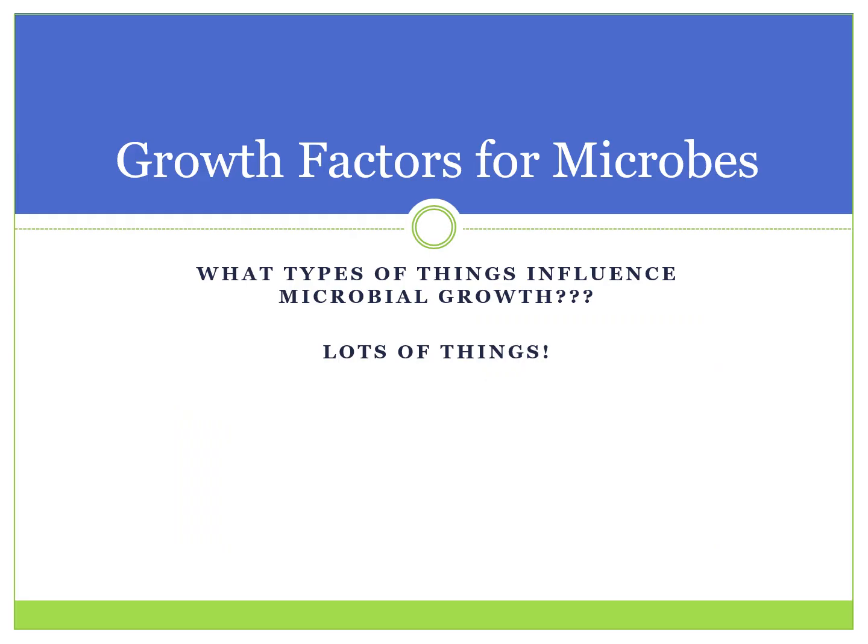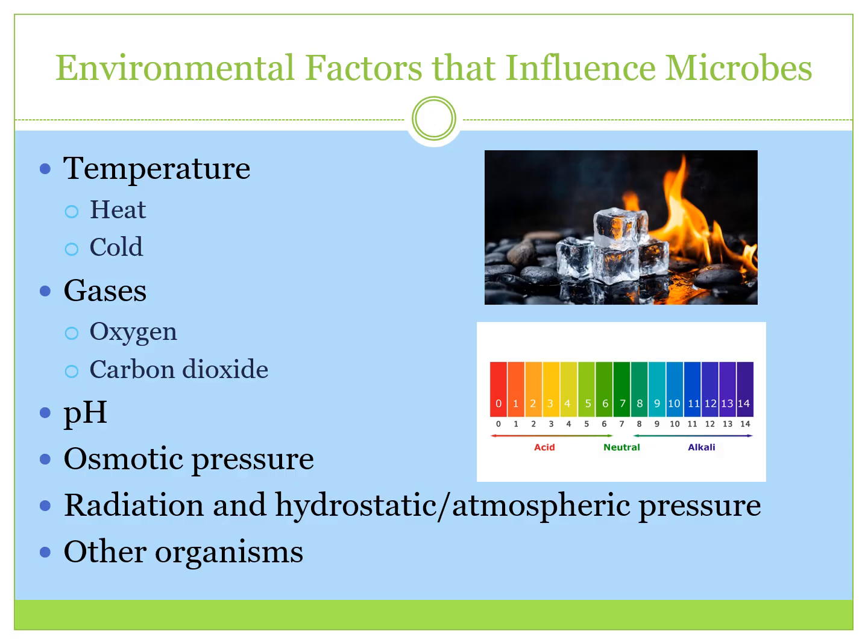There are different things that can cause an influence on how microbes are able to grow. So let's talk about them. So what affects how well a microbe is able to grow? We can break this down into a few different environmental factors, such as temperature, gases, pH, so whether or not the environment is acidic or basic, osmotic pressure.